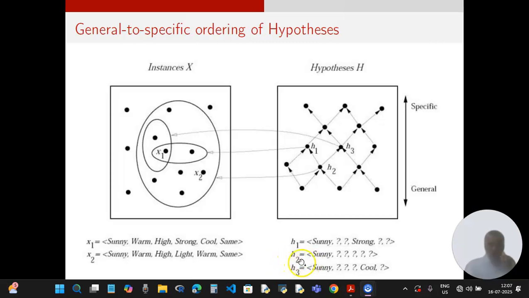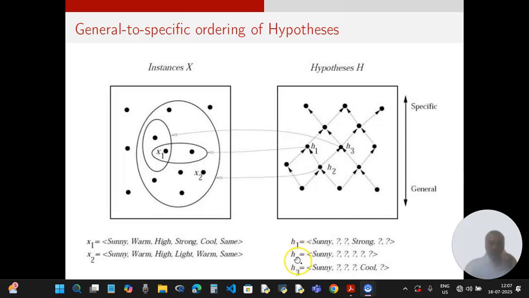So let us consider hypothesis H2. In hypothesis H2, the condition is that the sky condition is sunny, and remaining attributes can take any value. In both x1 and x2 the sky condition is sunny, so H2 covers both examples x1 and x2.